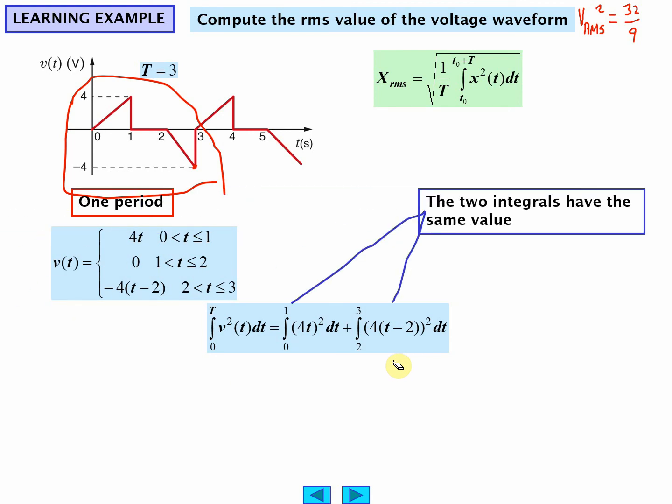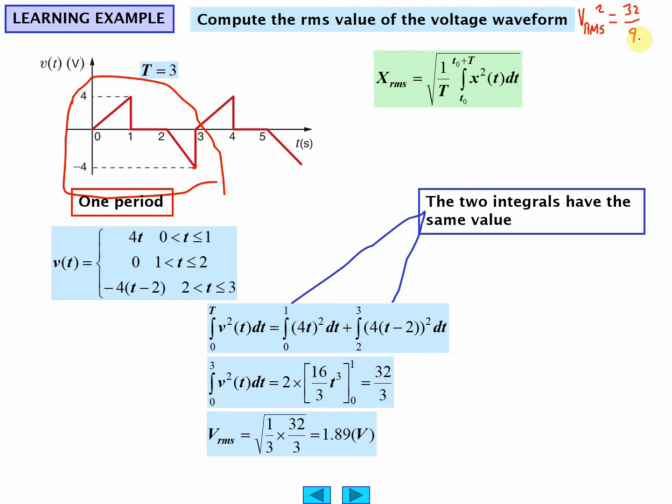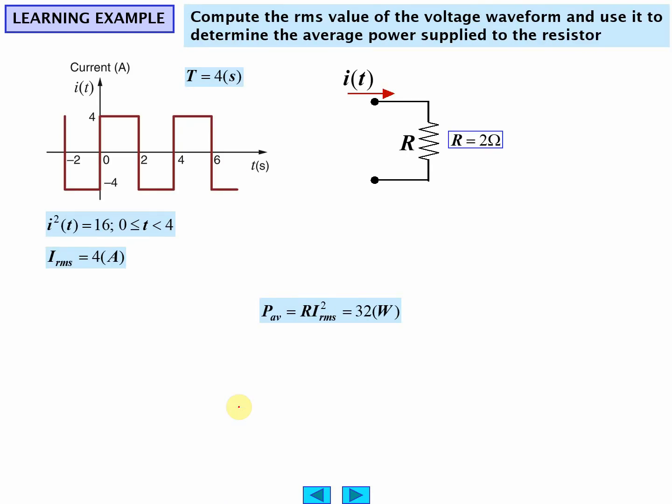They have the same value, do the variable substitution there. The integral of v squared is 32 thirds. You divide that by the T of 3, you get 32 ninths for the RMS value squared. And they take the square root and go for the final value. Voila! Not too tough.